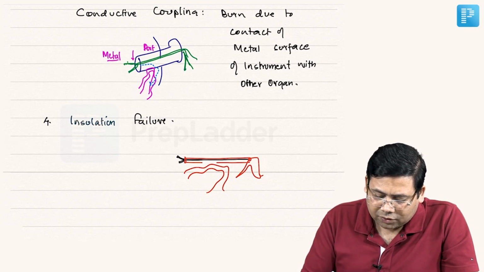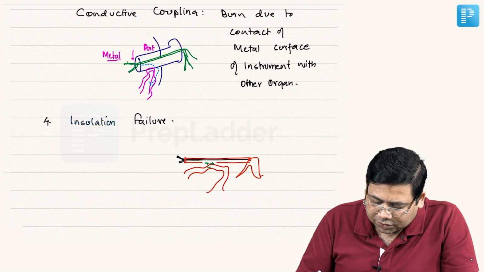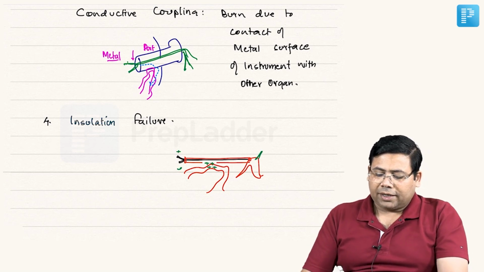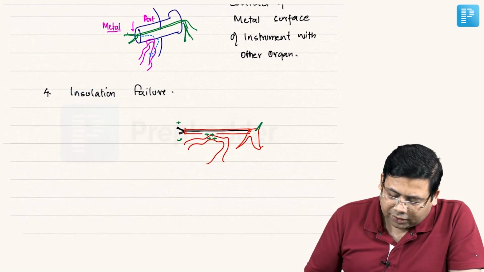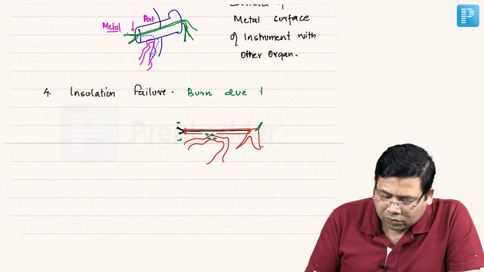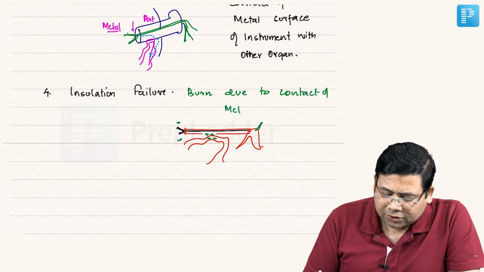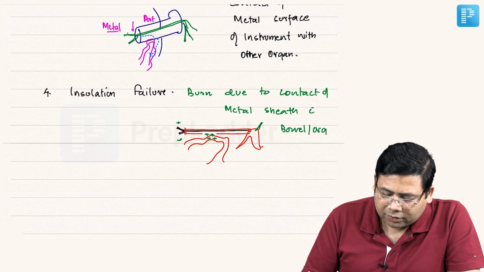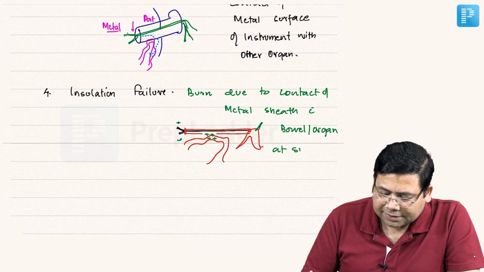there could be a catastrophe. Why? Because the charge will be conducted at this point. So insulation failure causes burn due to contact of the metal sheath with the bowel or organ at the site of insulation breakdown.